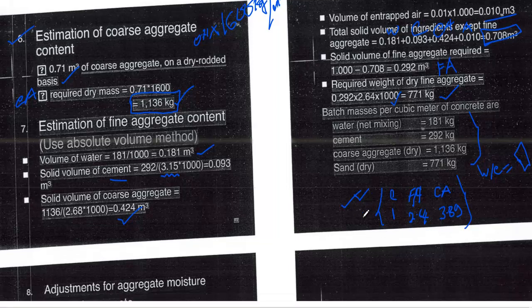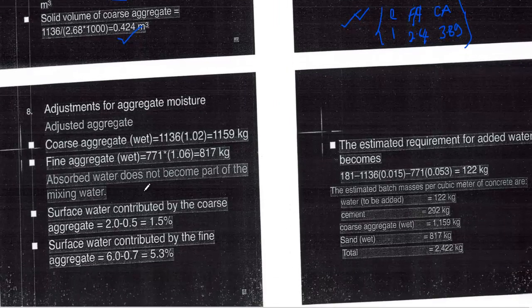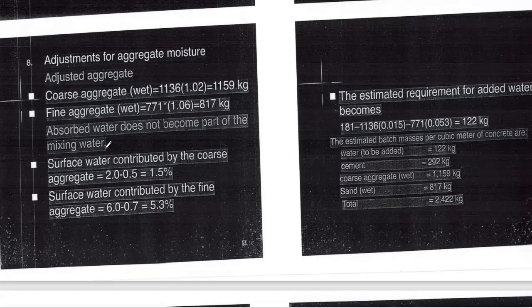Suppose they had considered the adjustment this way: that coarse aggregate is wet. That means they have more water, so they have 2% of water.